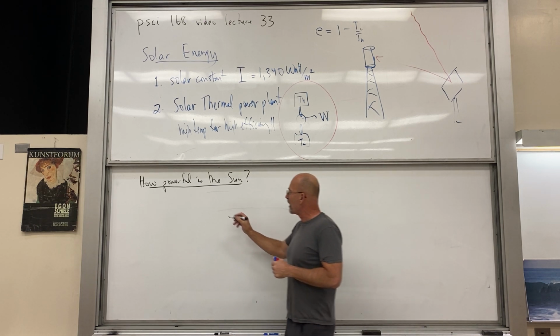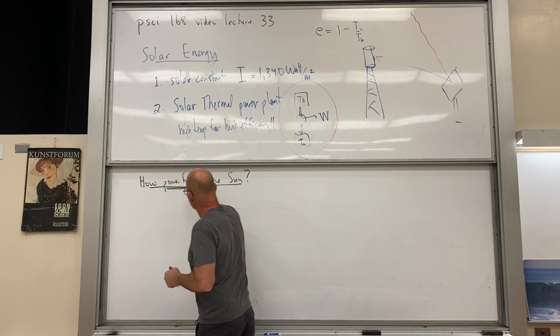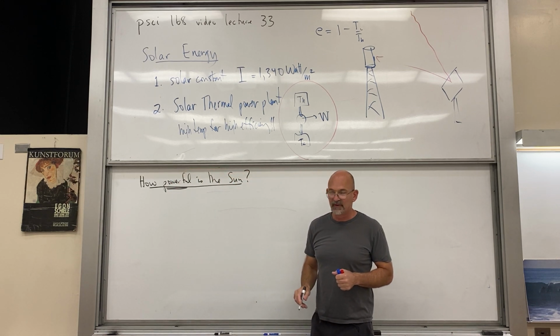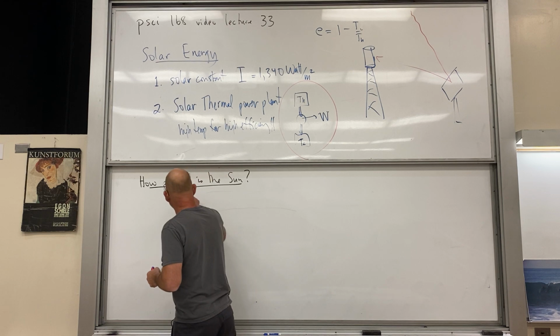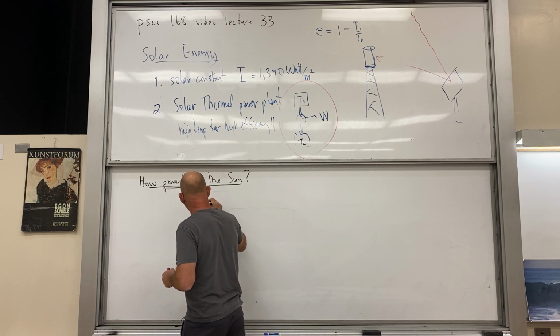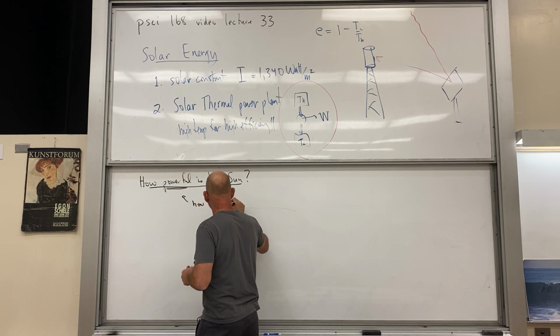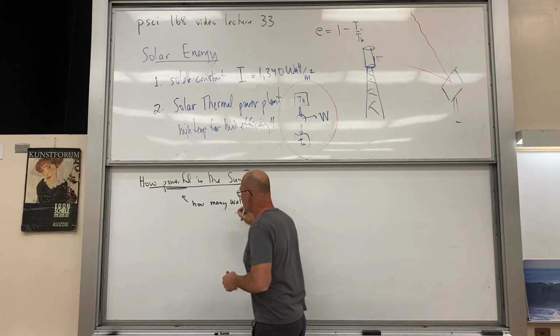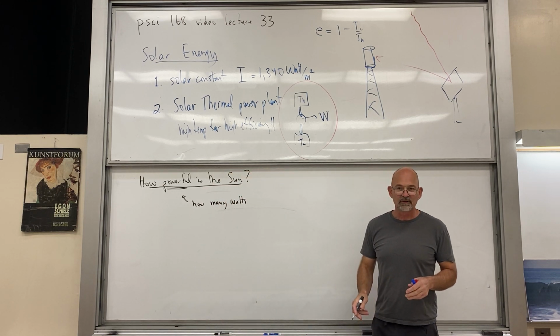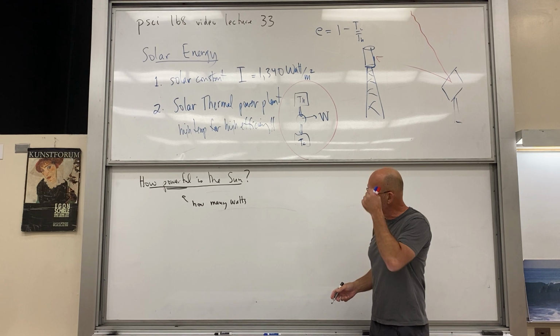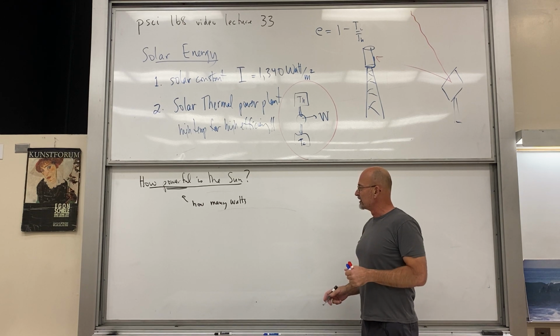If we're asking how powerful is the sun, then we're thinking how many watts? If that were a light bulb, what would its label say? 100 watts, 50 watts, what would the label say on a light bulb that is as powerful as the sun?